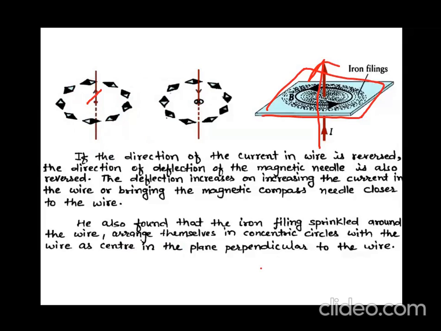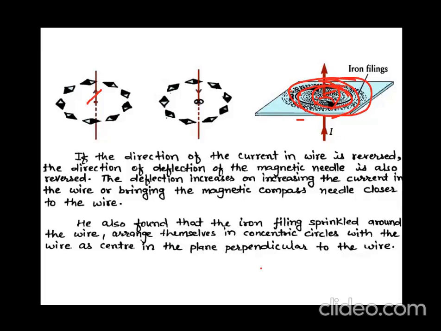When the switch was on and the current flowed upward through the wire, the iron filings arranged themselves in the form of concentric circles.